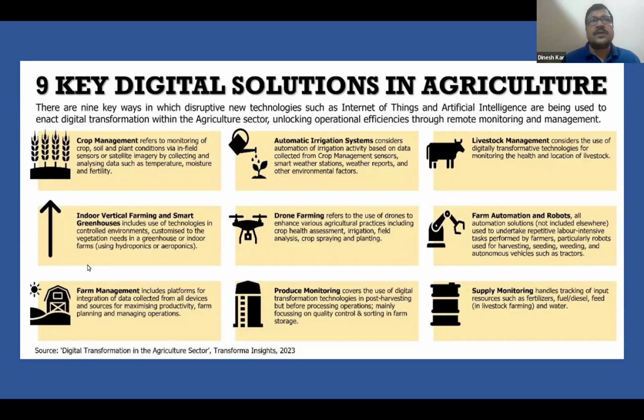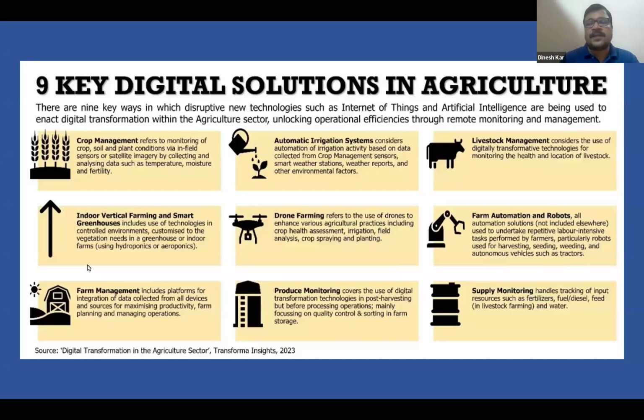Livestock management: the tracing and tracking of the livestock, and the health of the animal can be detected using digital technology. Drones can be used either for collecting data or information or for spraying chemicals and fertilizers. Farm automation and robots: as a replacement for the labor problem, robots can play a good role.